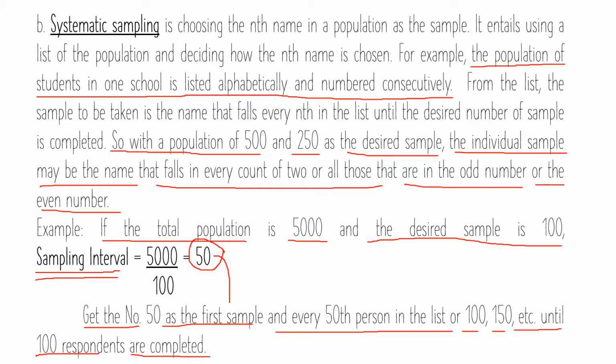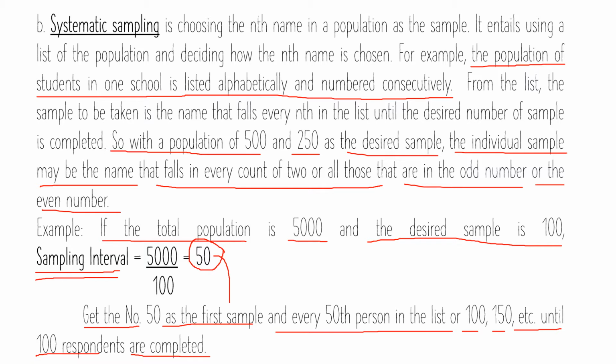So every member of the population is listed with a number, but instead of randomly generating numbers, individuals are chosen at regular intervals. That's why it is slightly easier to conduct because of your sampling interval.